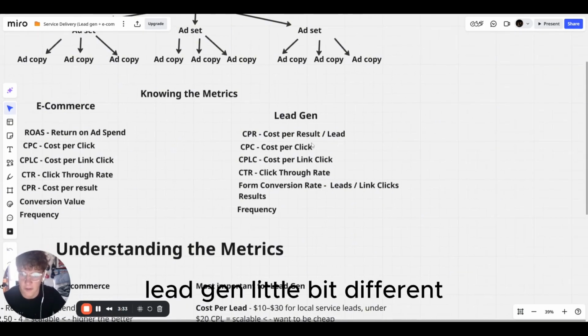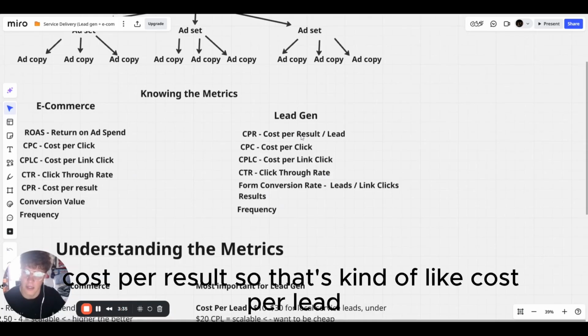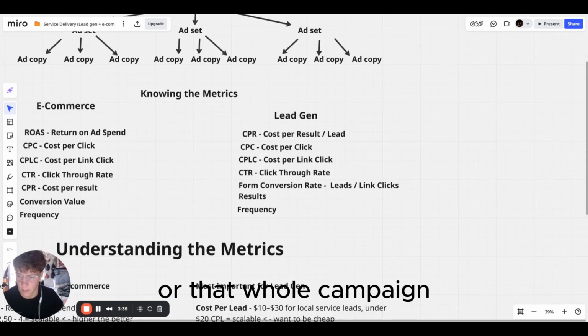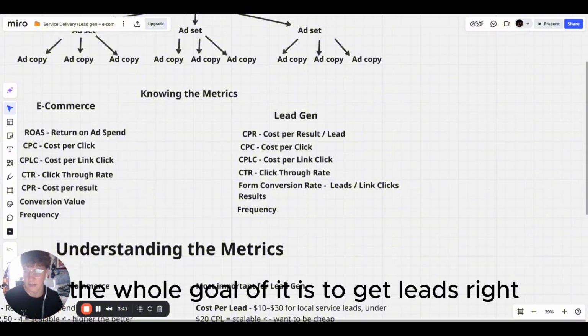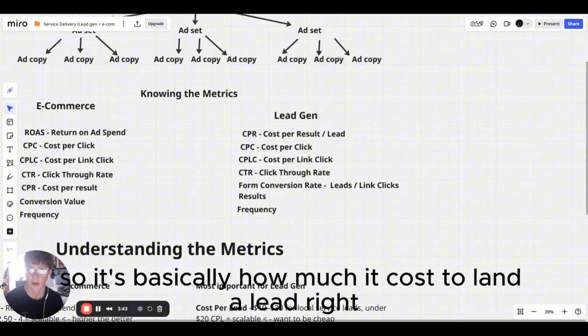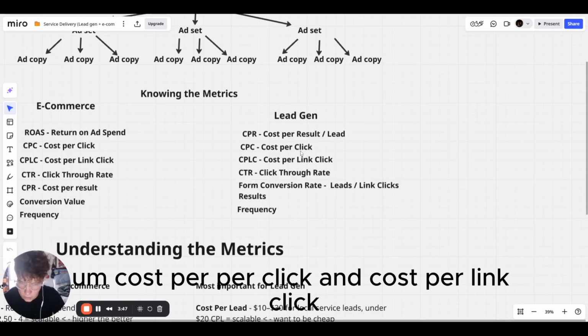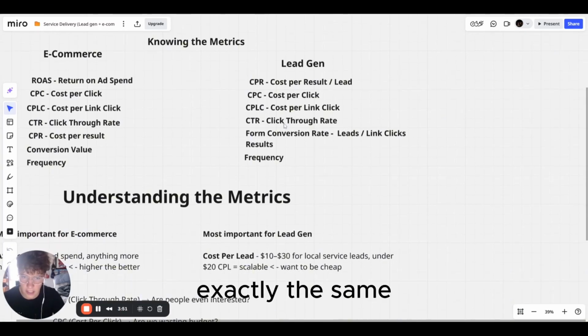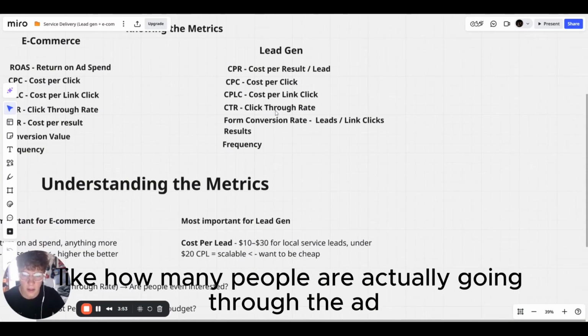Lead gen is a little bit different. Cost per result is basically cost per lead, because the whole goal of that campaign is to get leads. It's how much it costs to land a lead. Cost per click and cost per link click are exactly the same. Click-through rate is exactly the same, how many people are actually going through the ad.